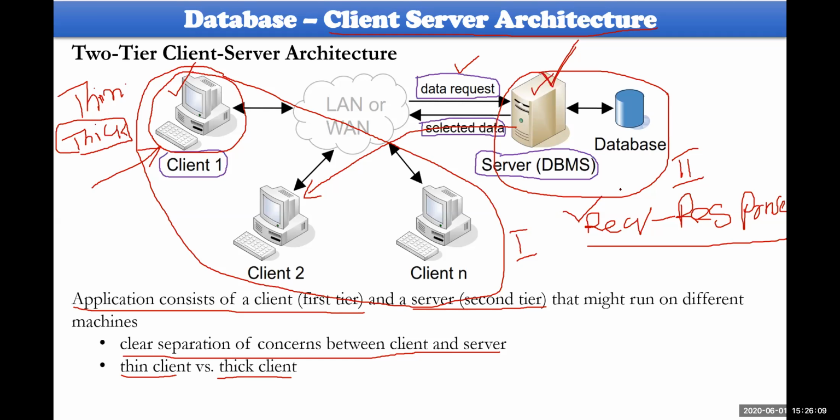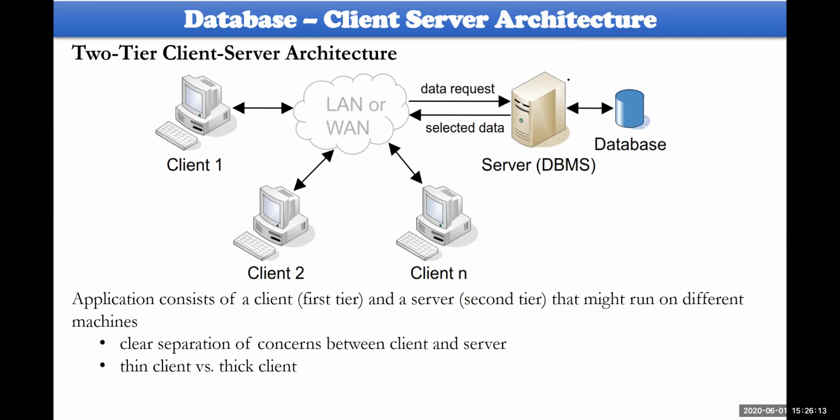Here, let me make a very clear distinction between these two. Let us consider here: Windows NT can be loaded on the server, and thereby Oracle or any database application can be loaded here. Let me consider this as a thick client.